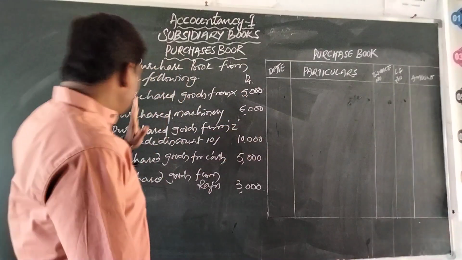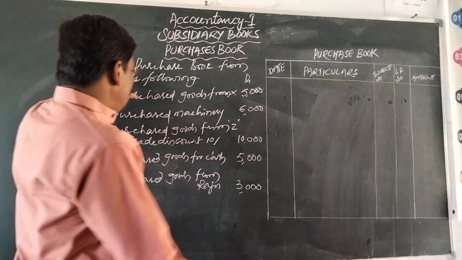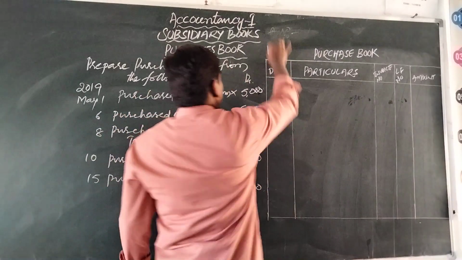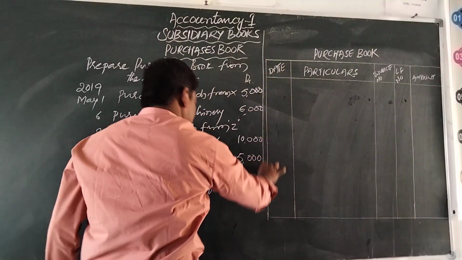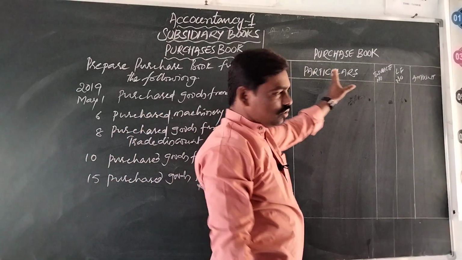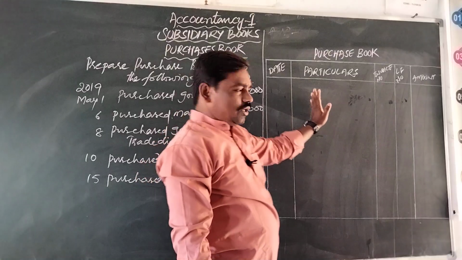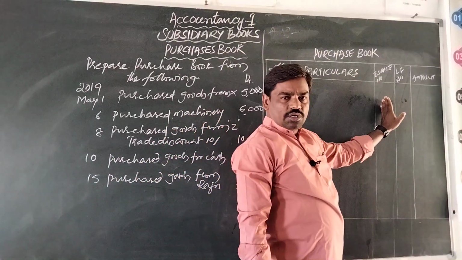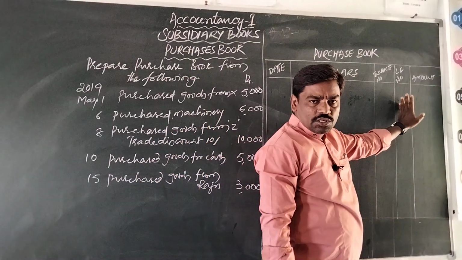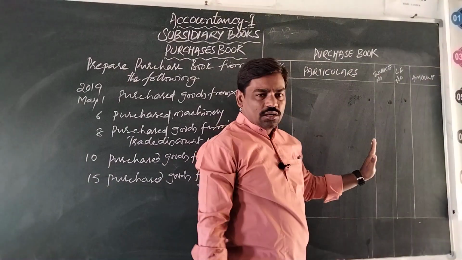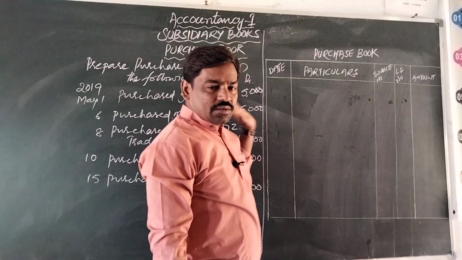When we are asked to prepare a purchase book, you draw the proforma first, that is important. The proforma you prepare like this: purchase book, date column, particulars column, inward invoice number, ledger folio number, amount. Like this we prepare 5 columns in the purchase book.